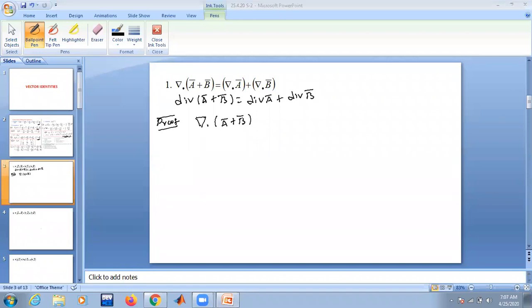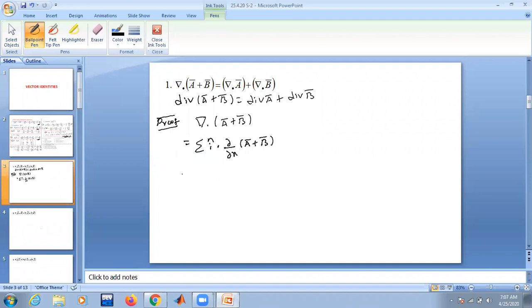Apply the definition. What is the definition of divergence? Sigma i bar dot dou by dou x of a vector. Divergence is applied to a vector, so divergence of a vector is sigma i bar dot dou by dou x of that vector, and that vector here is a bar plus b bar.